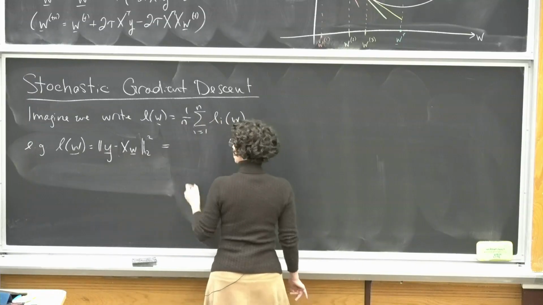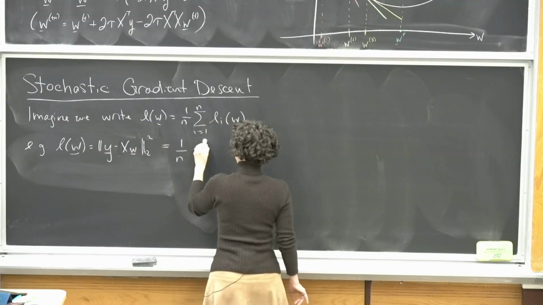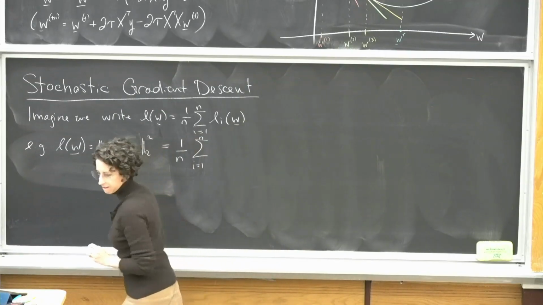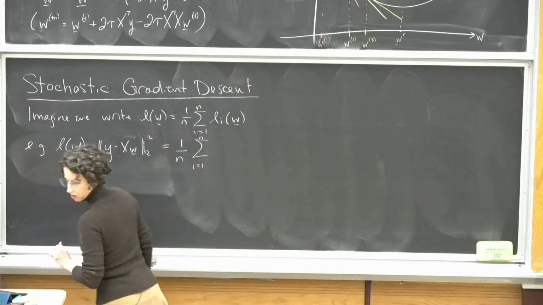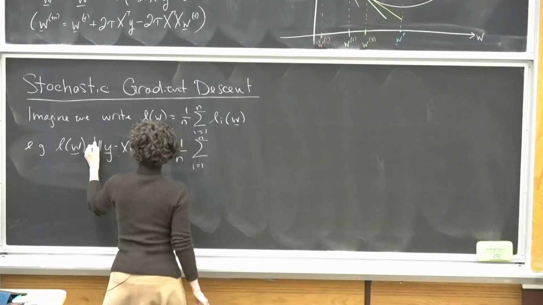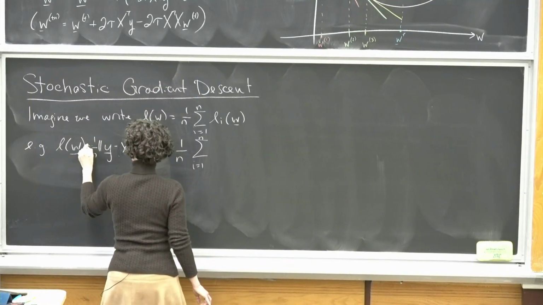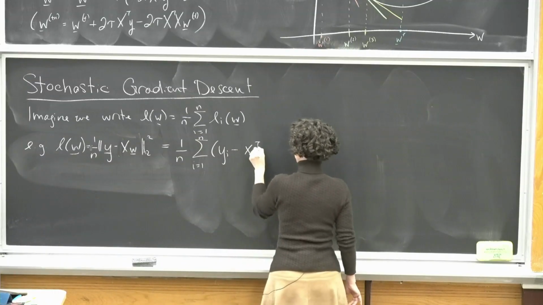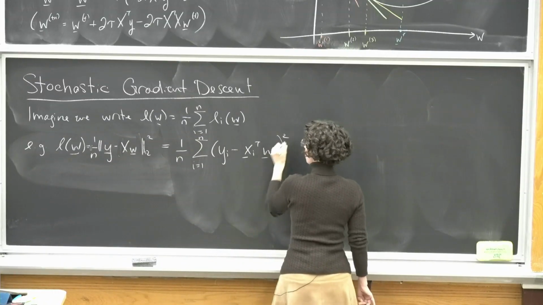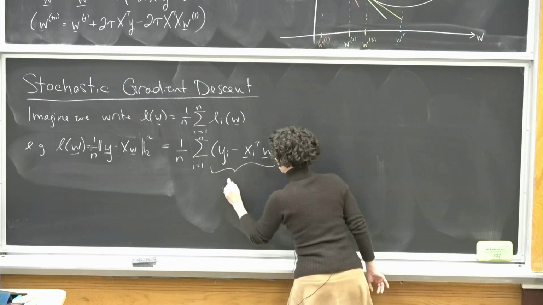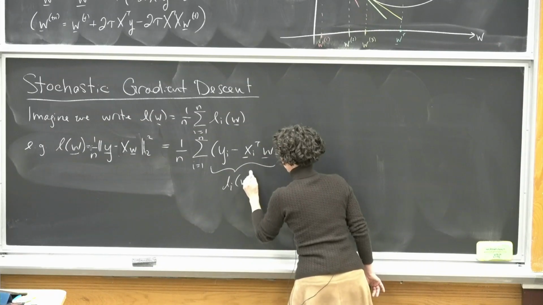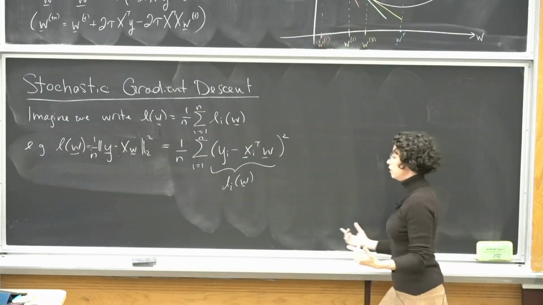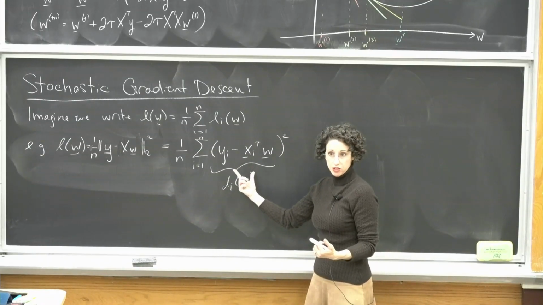We could write this as 1 over n, the sum i equals 1 to n, of yi minus xi transpose w squared. And so in this case, this is what we would call Li of w. So we're thinking about our overall loss as being a sum of little losses over all of our different samples.